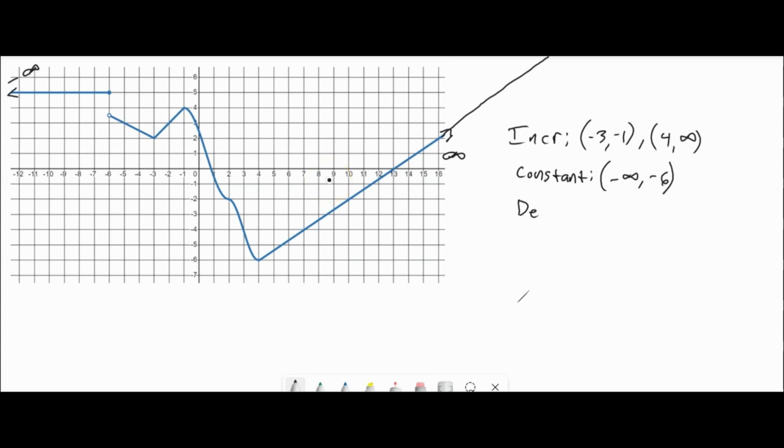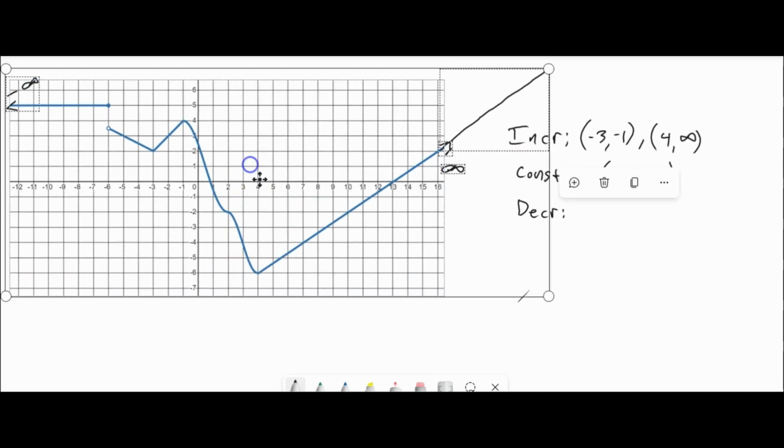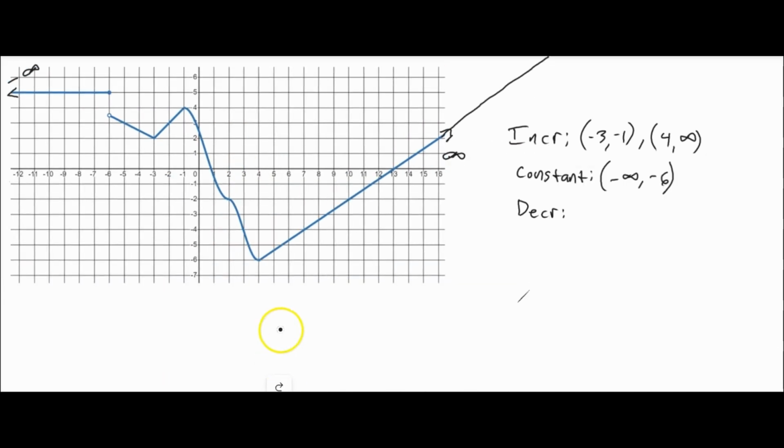But intervals of decrease, you can see that it's decreasing here from -6 to -3. And it's also decreasing here starting at -1 and going all the way down until 4. Okay, so -6 to -3.